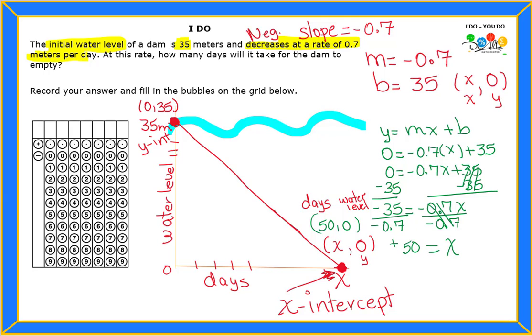So if you can read what the ordered pair means, it means that it will take 50 days for the water level to be at 0 meters. Is that right? That means completely empty, okay? And that's what the question wanted to know. The question says, how many days would it take for the dam to be empty? Well, it will take exactly 50 days, right?